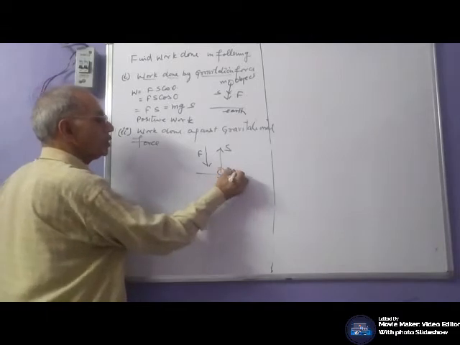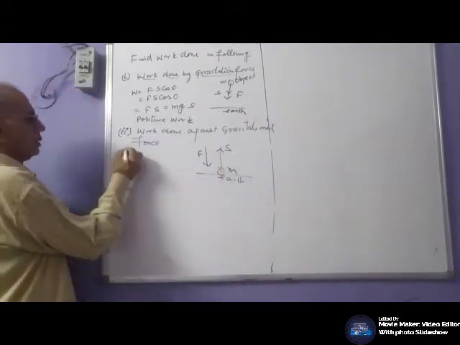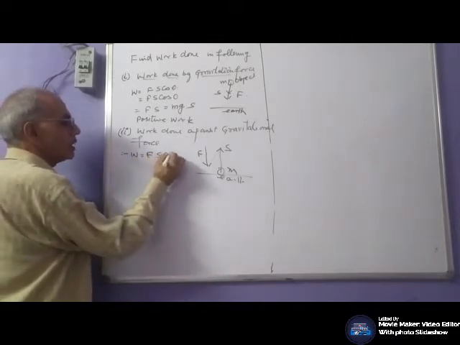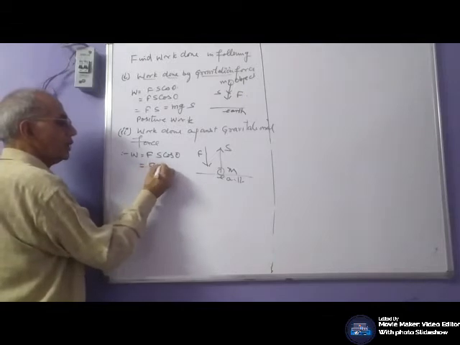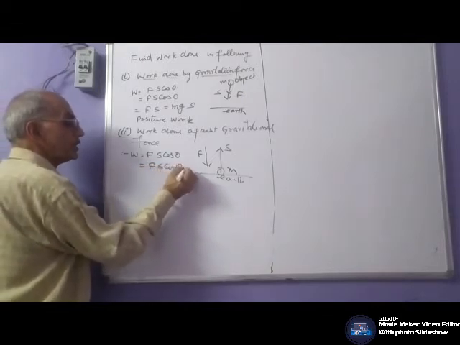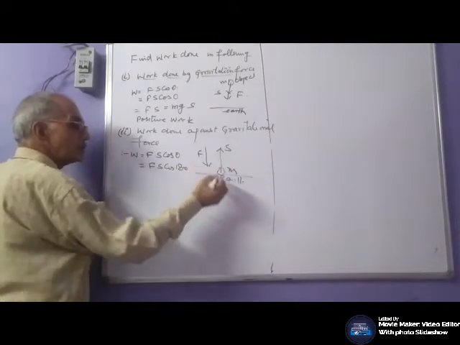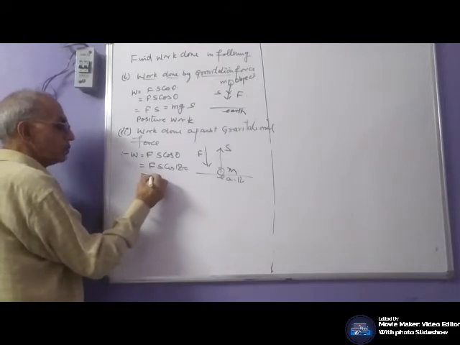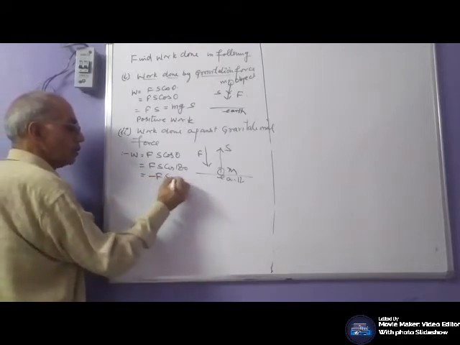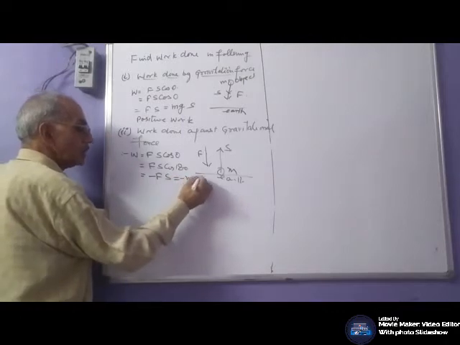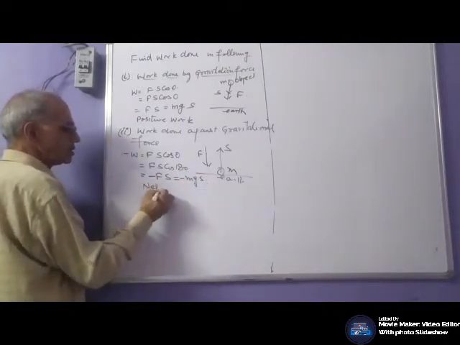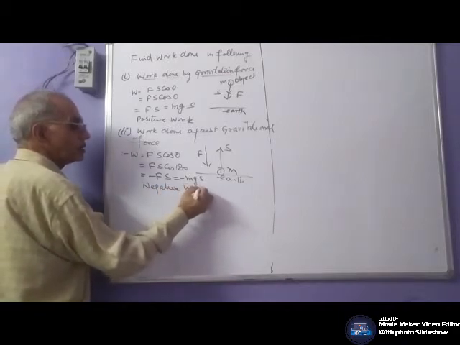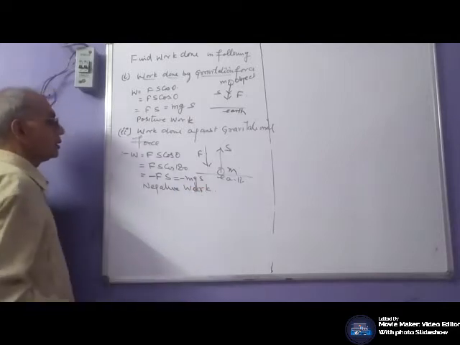If m is the mass of the body, then again work done is Fs cos theta, Fs cos 180, because this is the direction of displacement and this is the direction of gravitational force. It is minus Fs, or minus mgs. This work is negative work. If we want to find the nature also, the nature is what? Negative work.